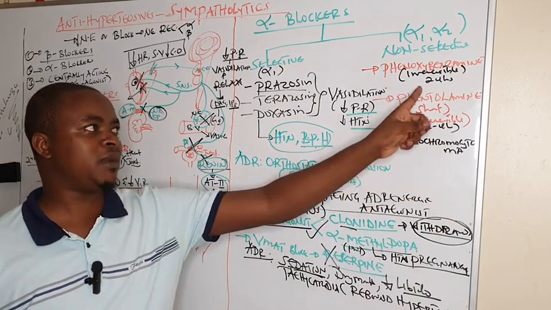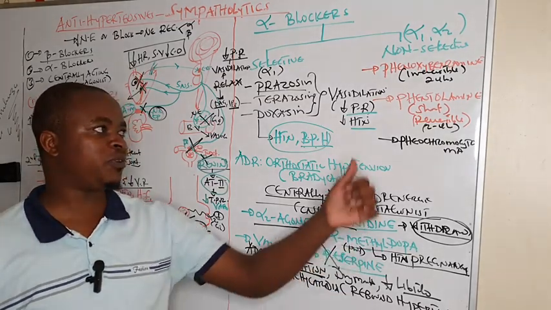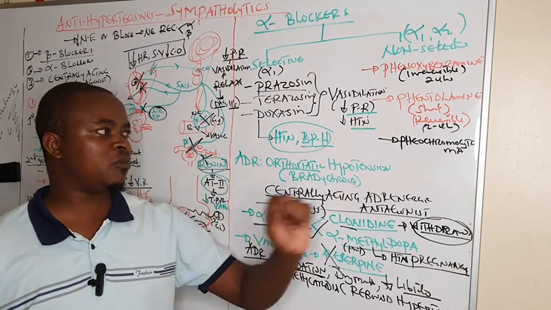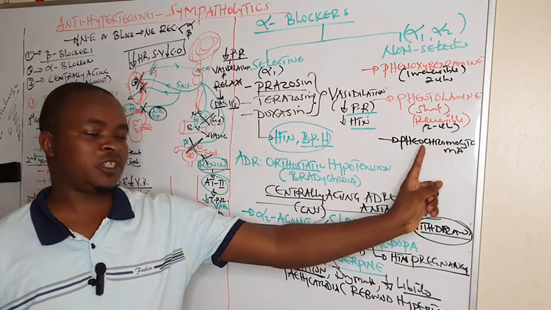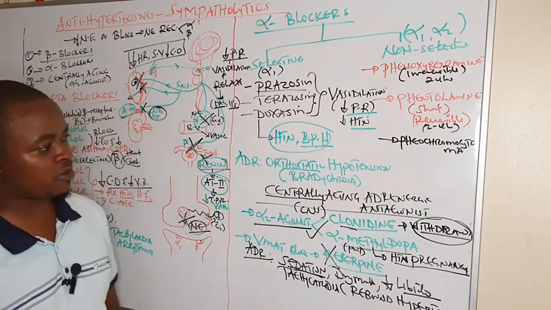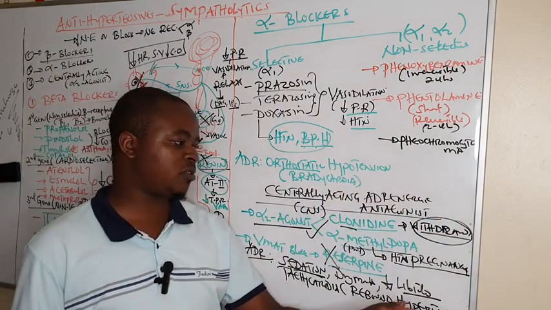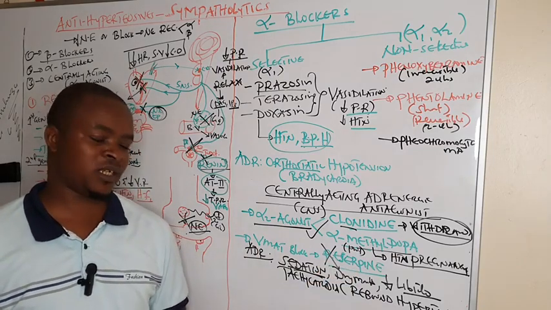But phenoxybenzamine is very dangerous because it is irreversible, so we prefer phentolamine, though they are not commonly used. They can be used for tumor surgery of the adrenal medulla in the treatment of pheochromocytoma. Then we have seen clonidine for withdrawal syndrome, and methyl dopa for hypertension in pregnancy.